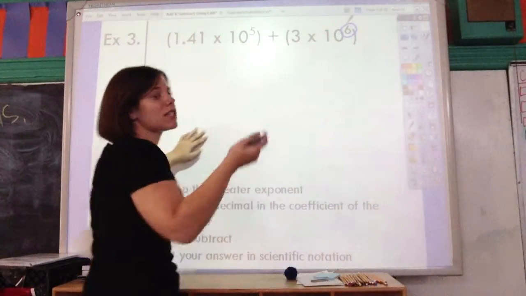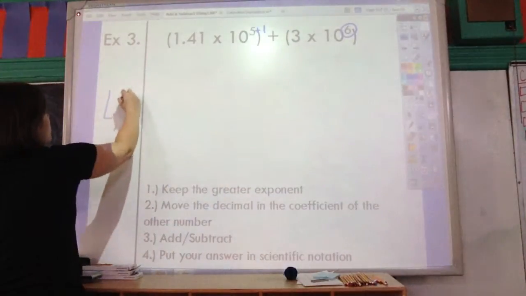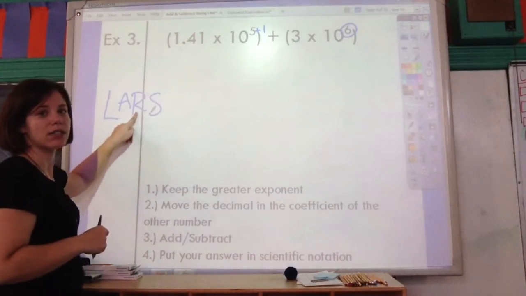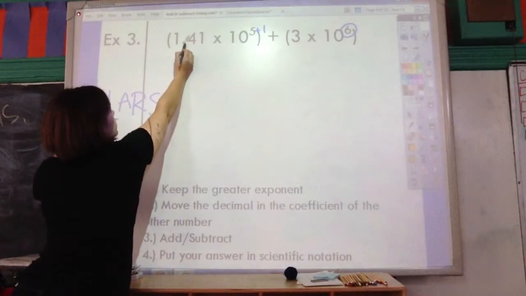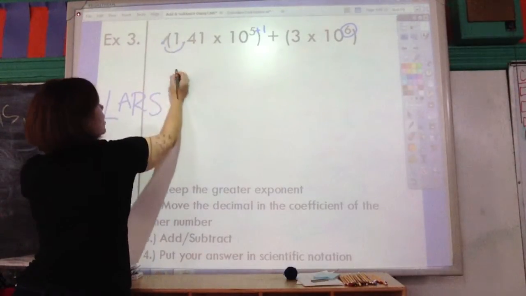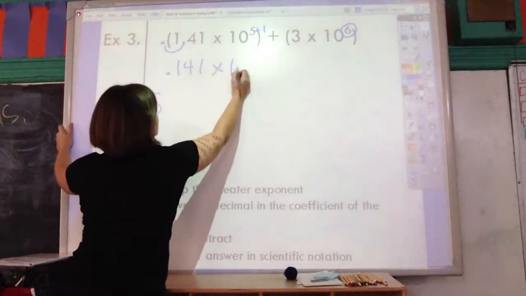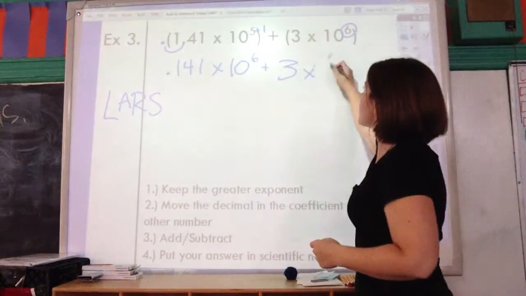To get from 5 to 6, I add 1. And remember LARS, I have to move my decimal left to add to my exponent. So I'm going to grab my decimal and move it once to the left and drop it off. That means now my problem is 141 thousandths times 10 to the 6th plus 3 times 10 to the 6th.